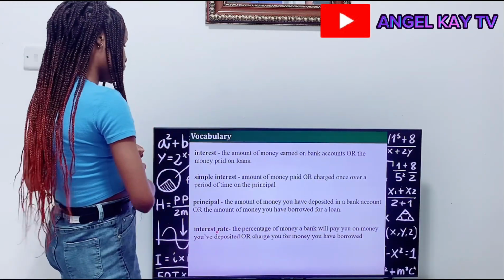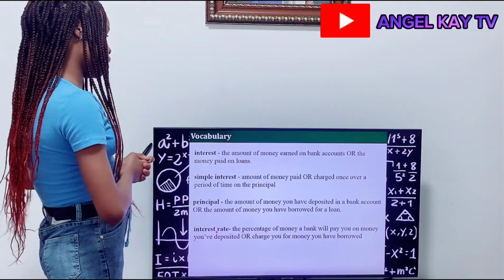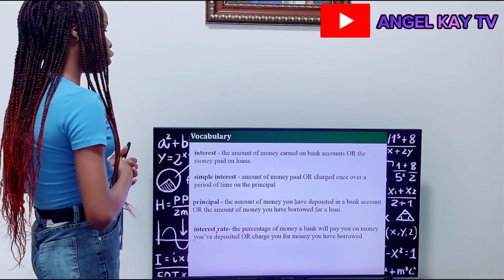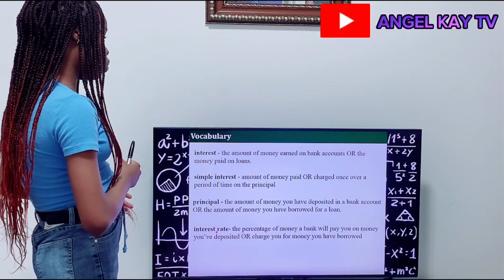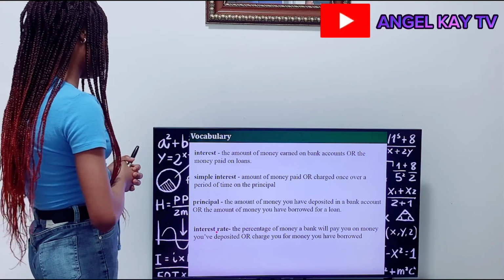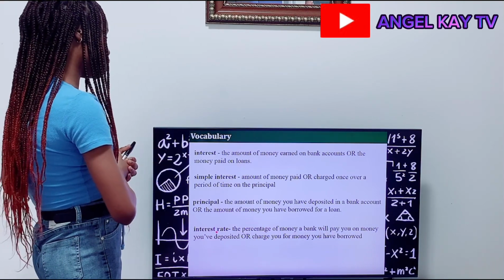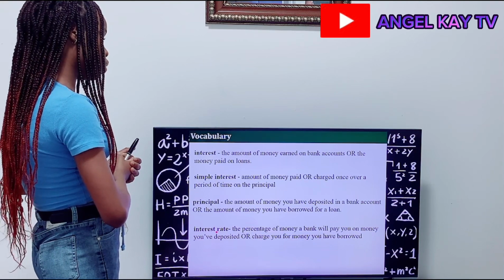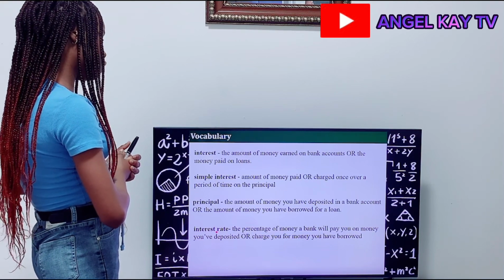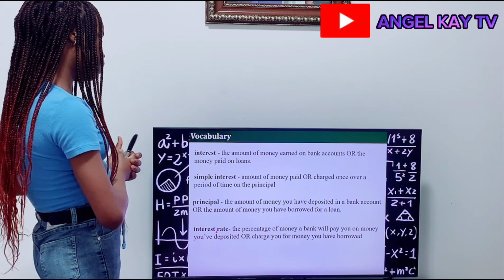So, it says here that the interest is the amount of money earned on bank accounts or the money paid on loans. While simple interest is the amount of money paid or charged once over a period of time on the principal.